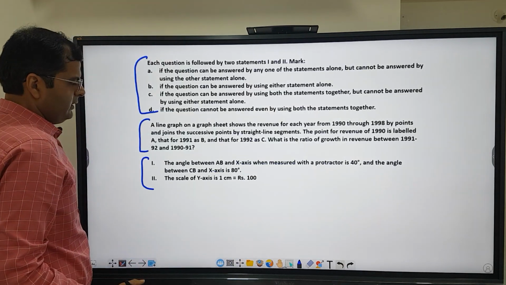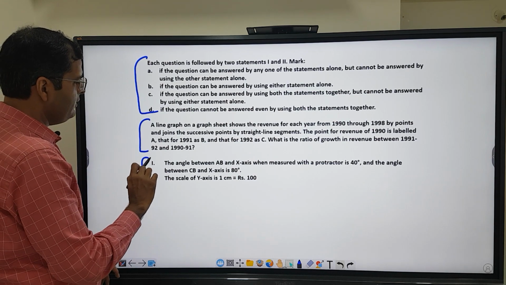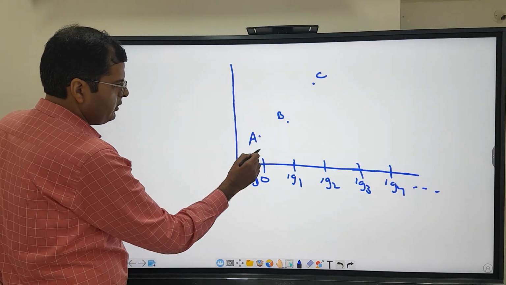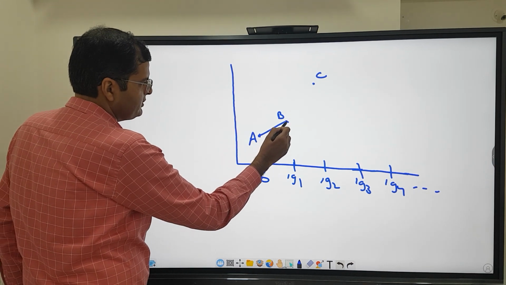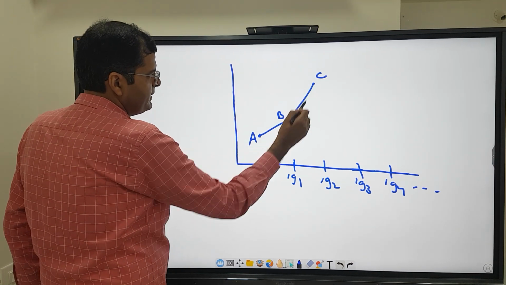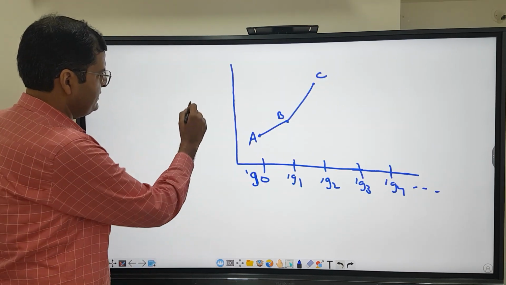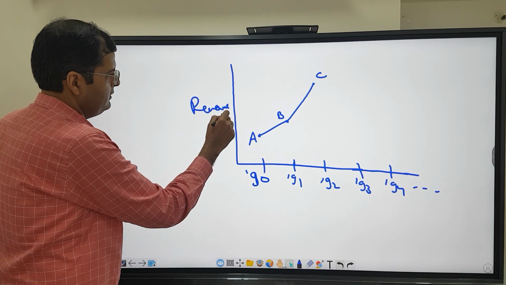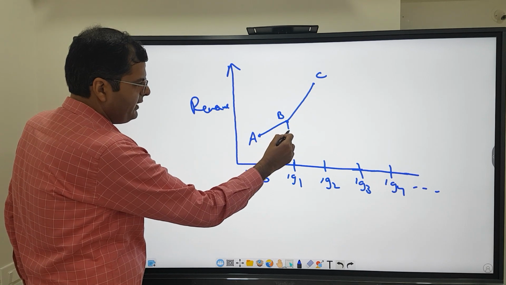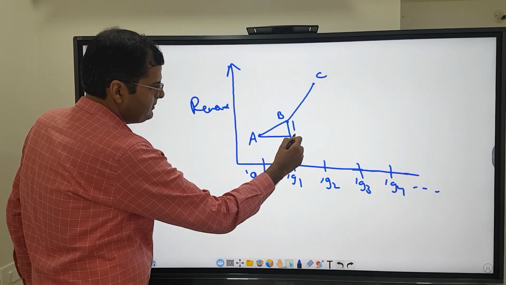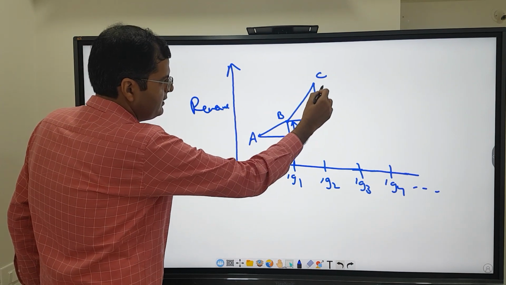Now it says we have to find the ratio of growth in revenue between 91-92 and 90-91. So if I draw the line here first of all, this is AB and this is BC. This y-axis is revenue, x-axis is the year. So growth in revenue from A to B will be this much, and from B to C it will be this much.